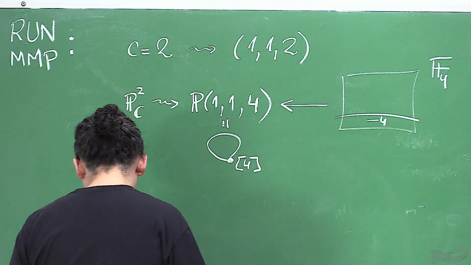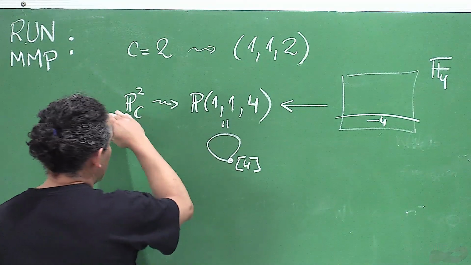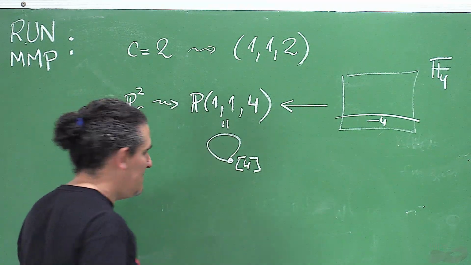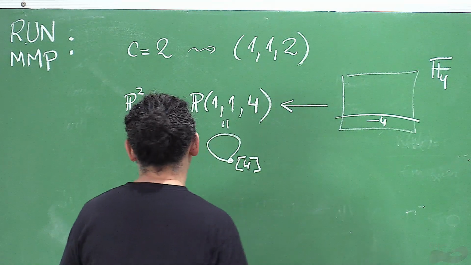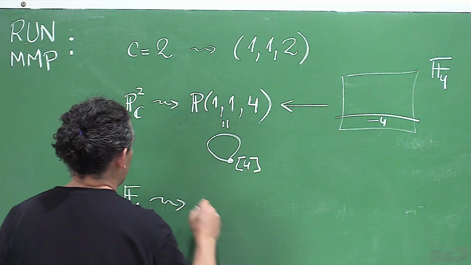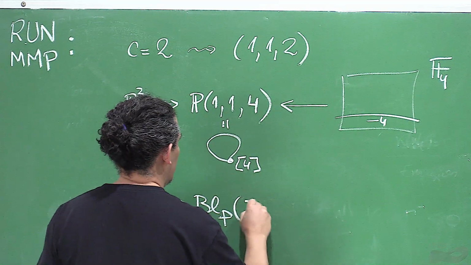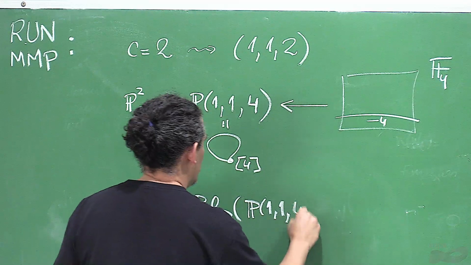So what is the birational geometry here? Very simple. You will blow up a generic point on this deformation. And then I will have F1 degenerating to a blow up of P(1,1,4).